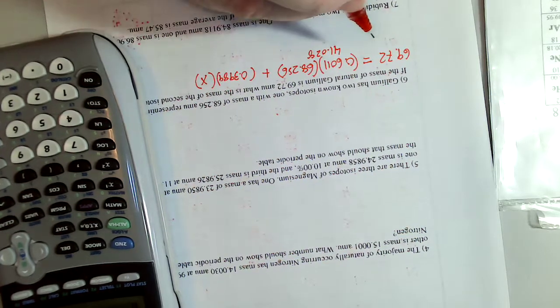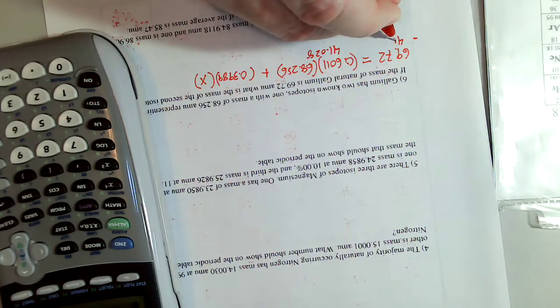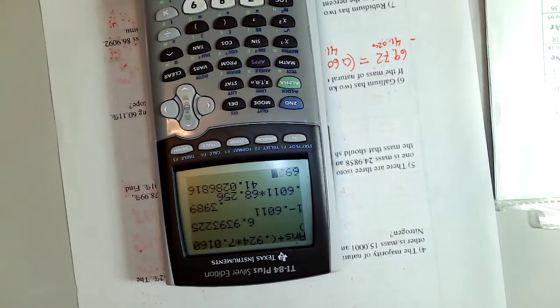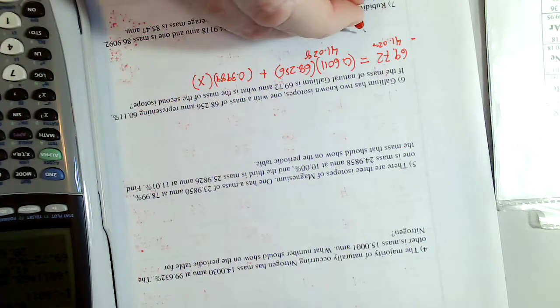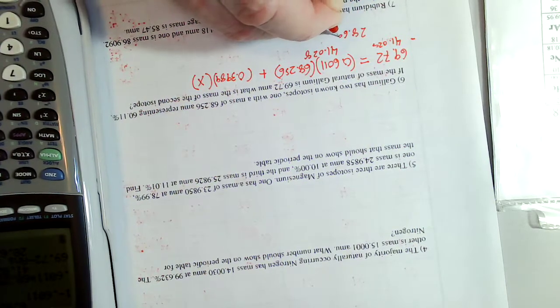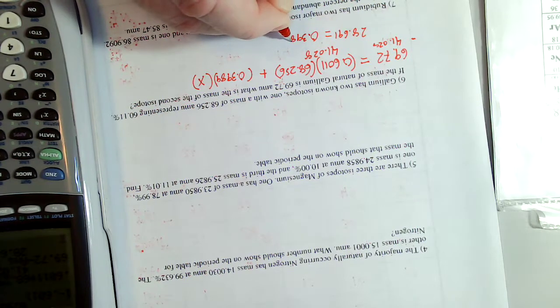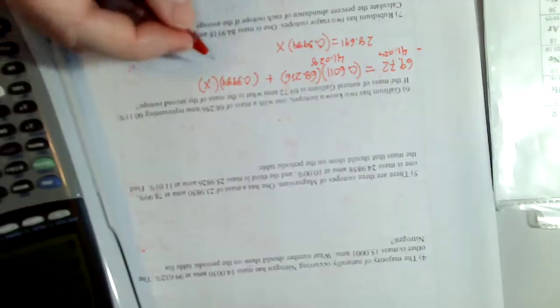Now what I'm going to do is subtract that on this side. So I can take 69.72 minus that answer, and I get 28.691 equals 0.3989 multiplied by x.